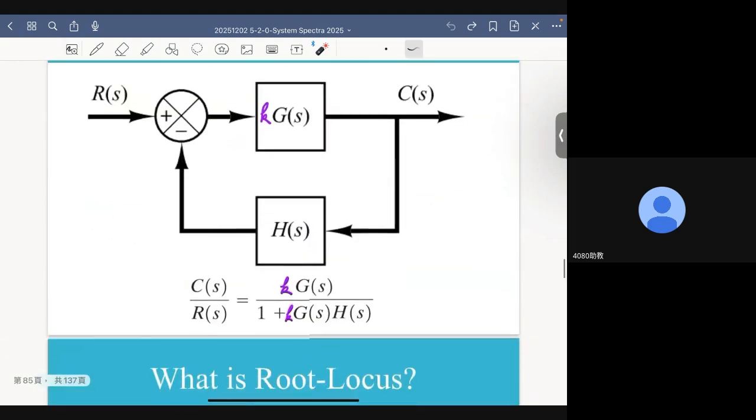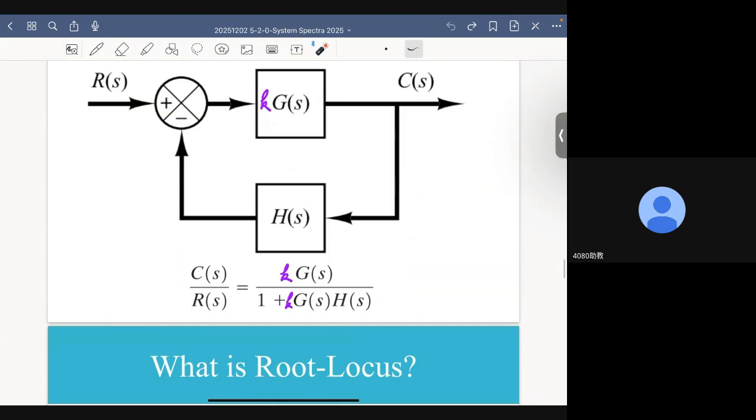Now, think about it. What does feedback control system really do for us? The fundamental change made by feedback control is it alters the transfer function. Initially, the transfer function is this. By setting up a feedback loop, I change its transfer function, which means I alter its system dynamics.